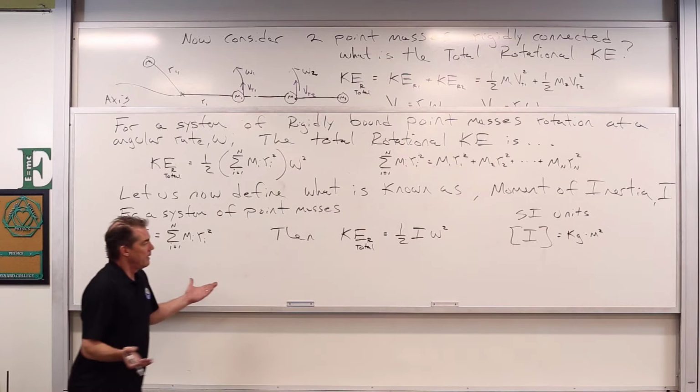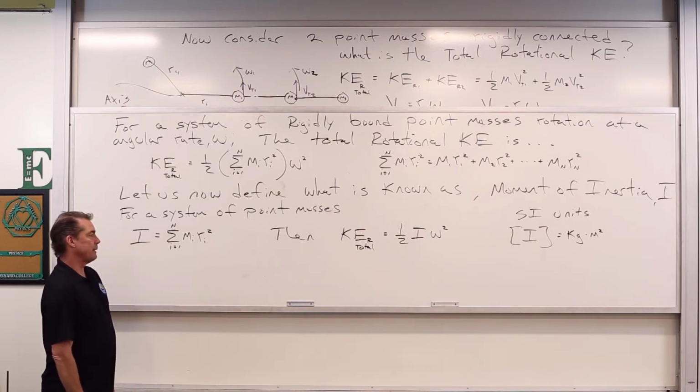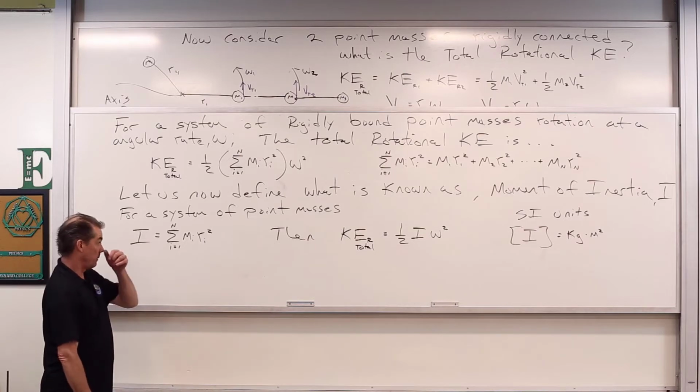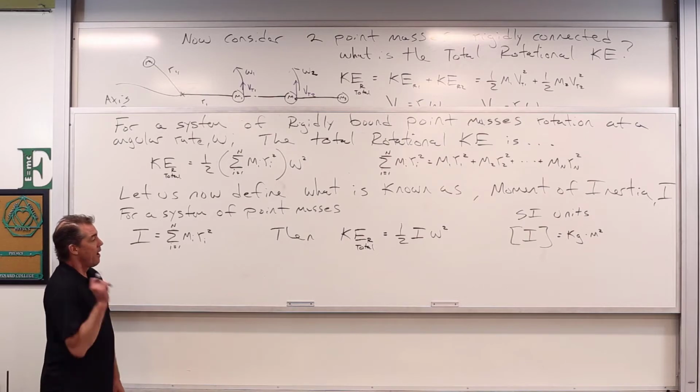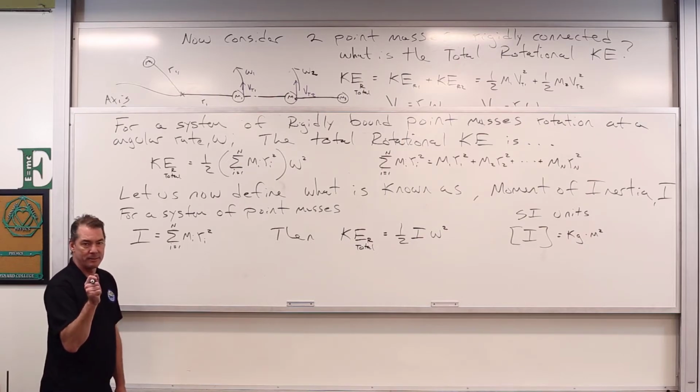And there's the SI units of it, and that's really it in terms of a system of point masses. So that's what we wanted to look at. We'll be back.